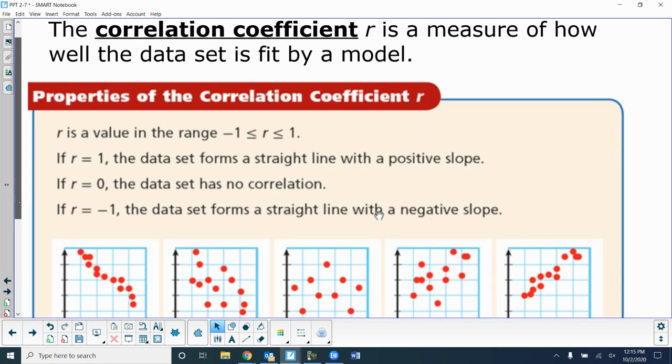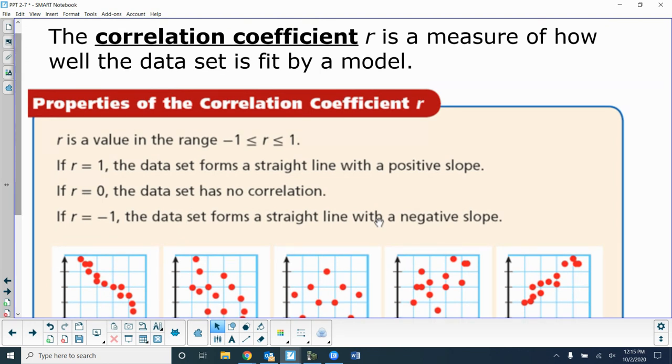So the correlation coefficient is the letter R. I don't know why they didn't use the letter C, but they used the letter R. It is a measure of how well the data set is fit by a model. So the closer you get to +1, which is a perfectly straight line, they would all line up, the points, to make a straight line, or -1, a perfectly straight line, but with a negative slope, then you have a very, very strong correlation between the two variables, okay?